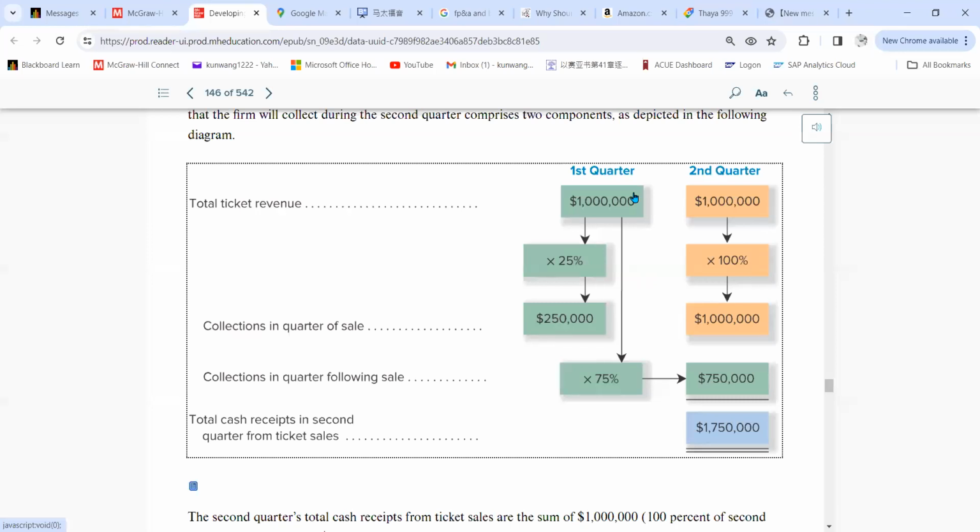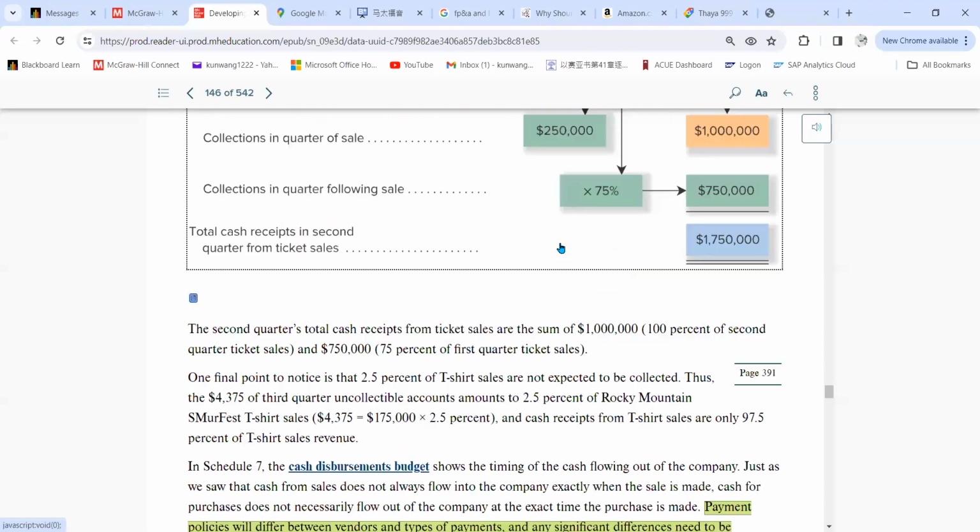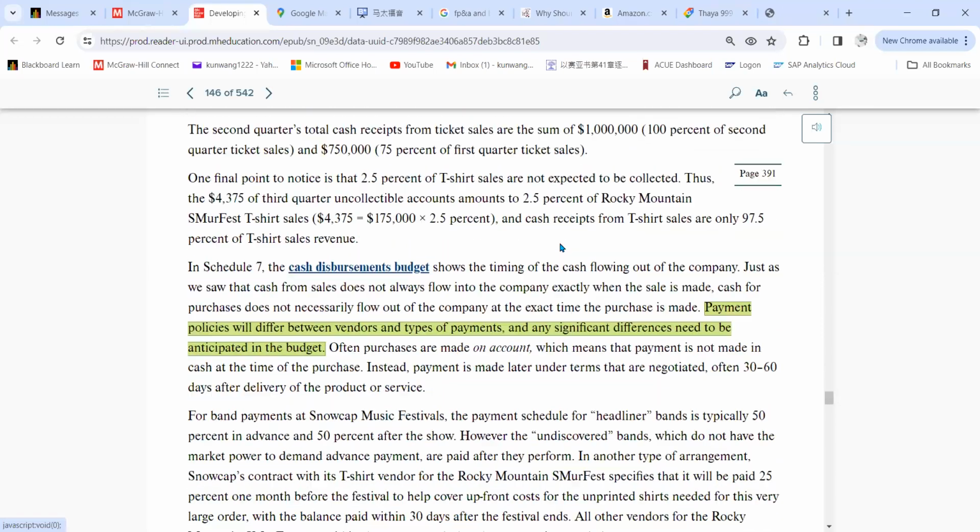So when you do the calculations, you need to be very careful about the cash distribution among the months or the quarters involved. And then the cash disbursement. So for cash disbursement, we have several schedules related to the cash payments.